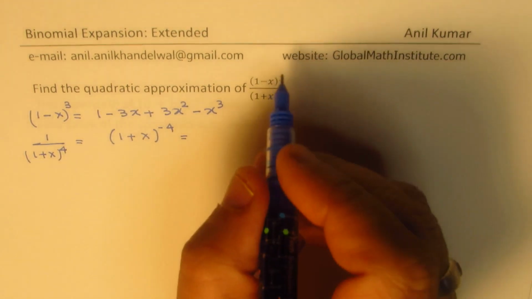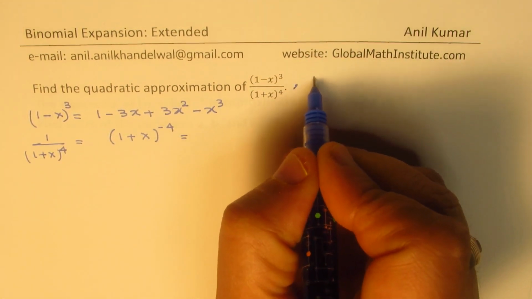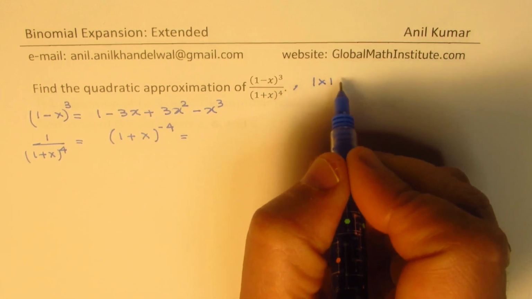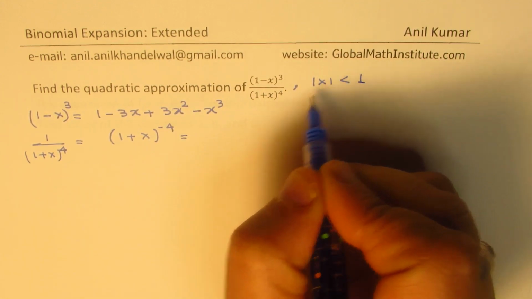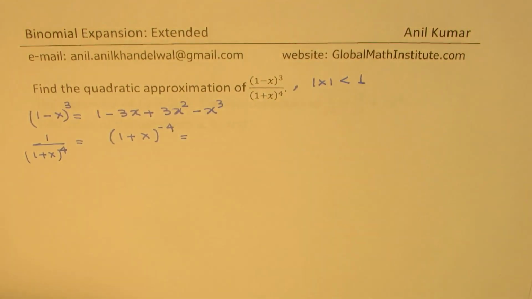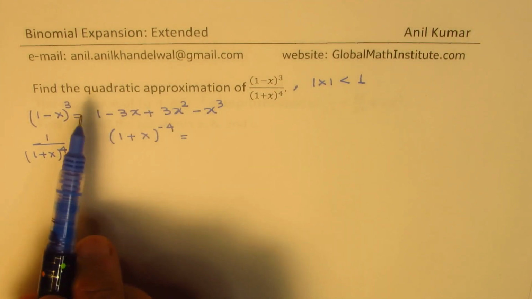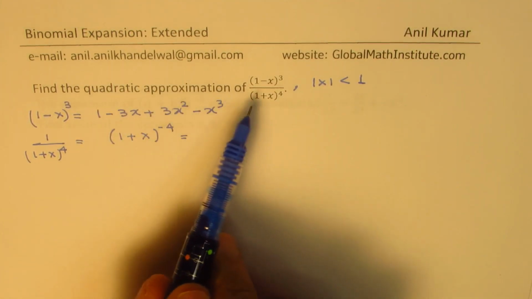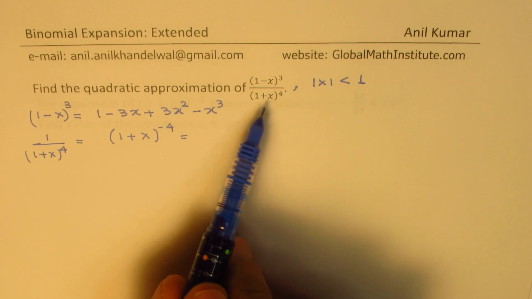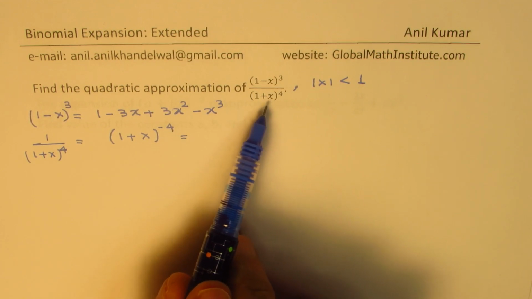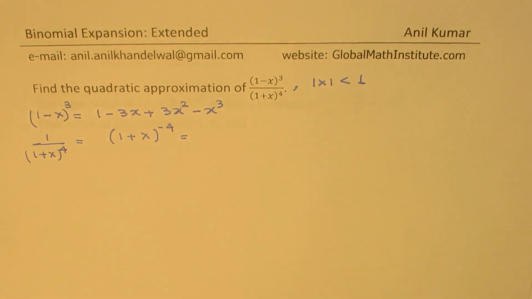So let me put a condition here that absolute value of x is less than 1. So you can have a quadratic approximation of this provided x is between plus and minus 1.